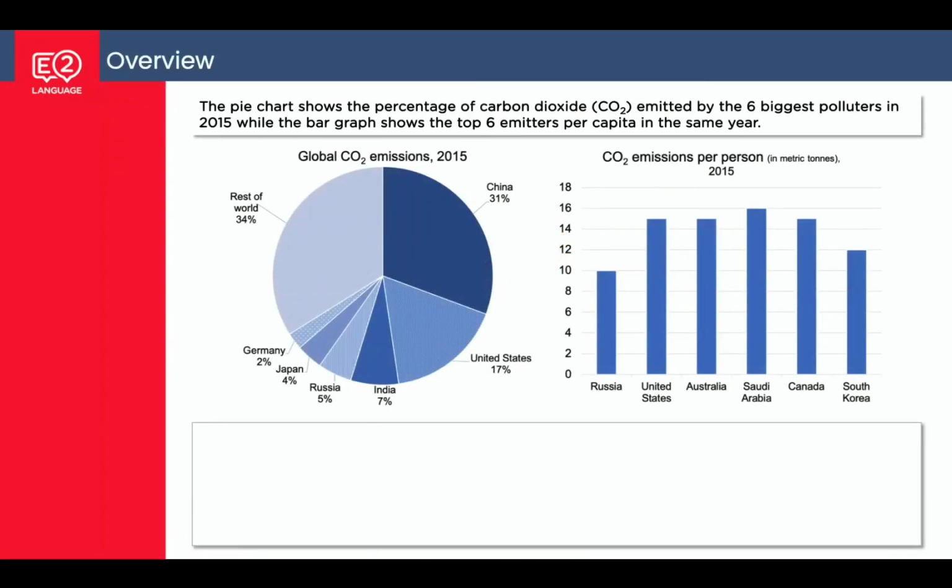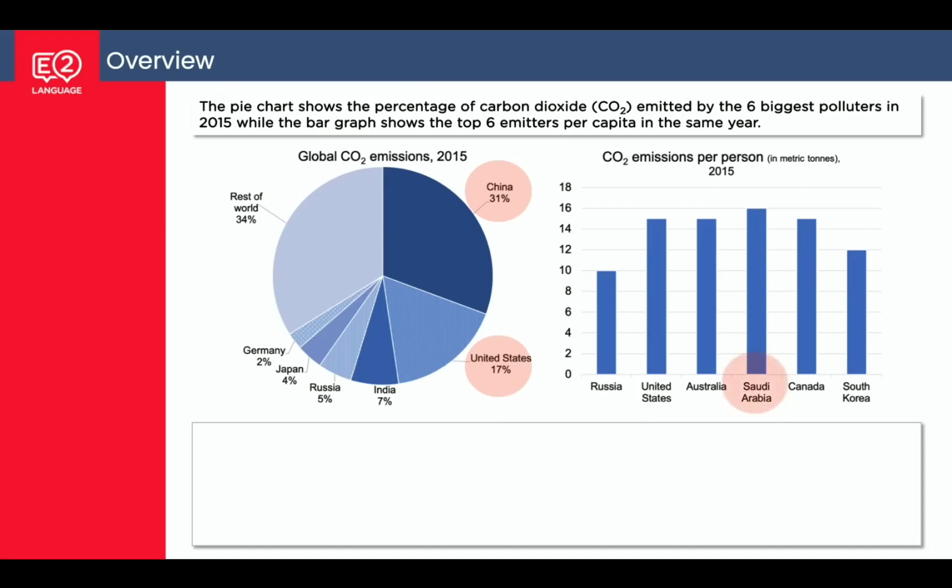In the overview, I just want to point out some of the main features, the key features. I don't want to mention any specific data or details here. So I'm looking first at the pie chart, the global emissions in 2015. And very clear to see that China and the USA produced almost half of the world's emissions. So this is definitely a significant feature.